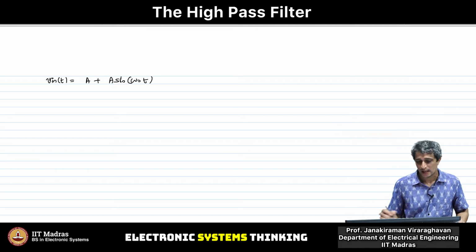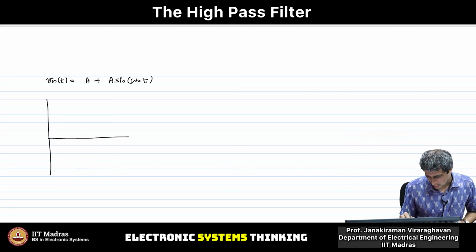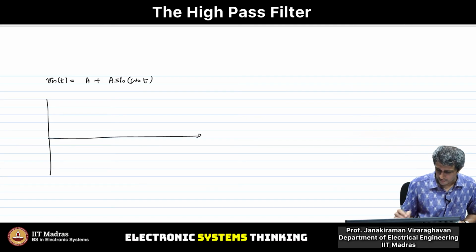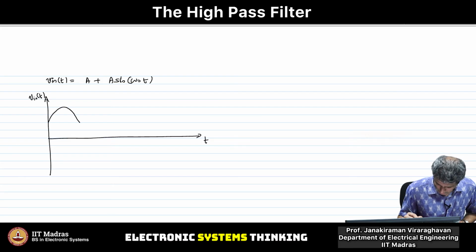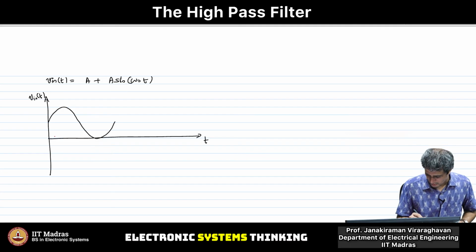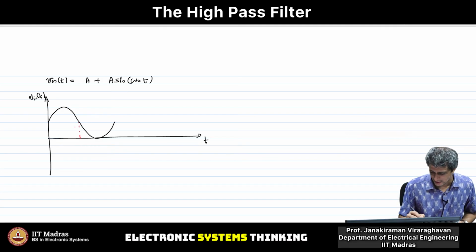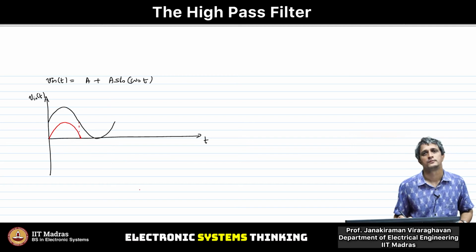So that's the reason that even though from your ADALM kit you gave V in of t like this, a voltage like this, the output from this kit, assuming this is very high frequency, will end up looking like this.